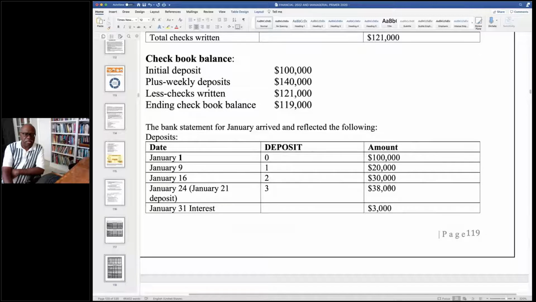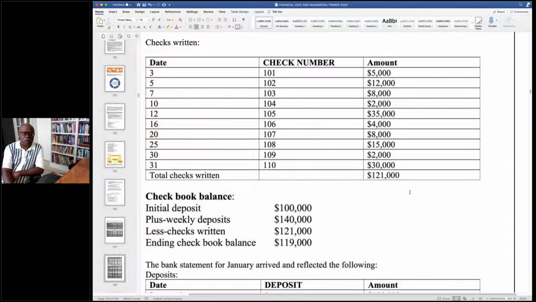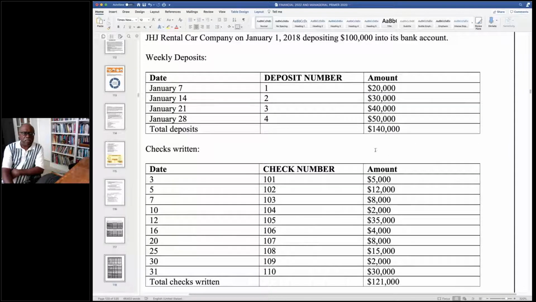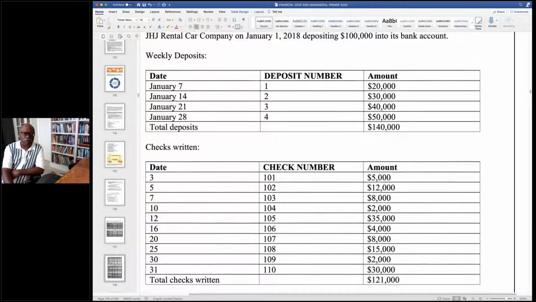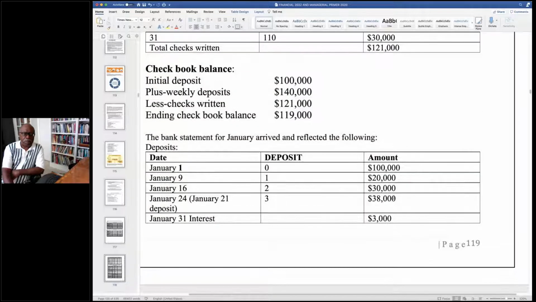They say it's 38, and they give us this 3,000 interest. So you're the accountant. What can be the causes of the deposit being listed here as 40, but the bank saying it's 38? What would some scenarios be?